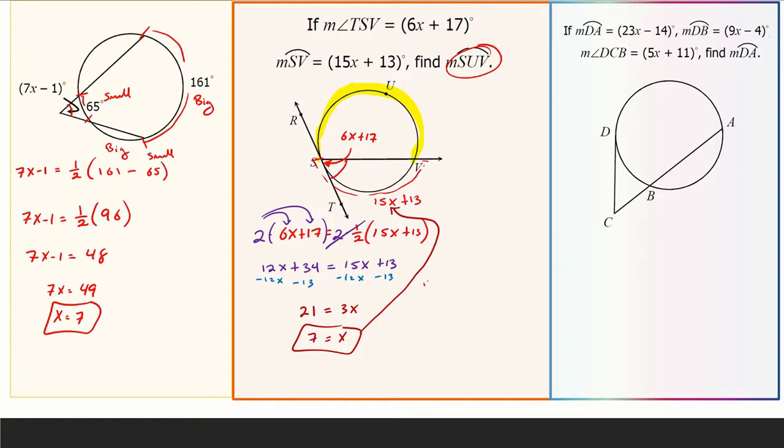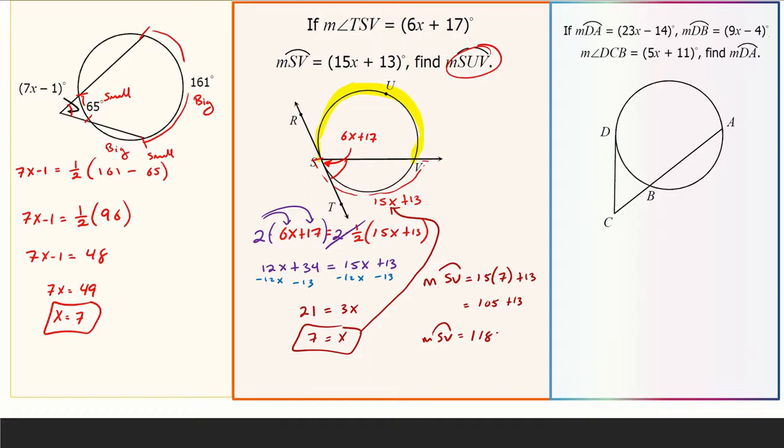And so here the arc measure of SV is going to equal 15 times 7, or 15x plus 13, and so that's going to be 105 plus 13, so the measure of arc SV is going to equal 118.